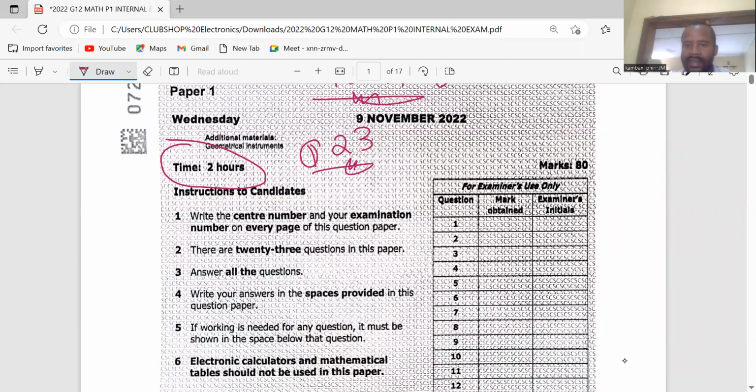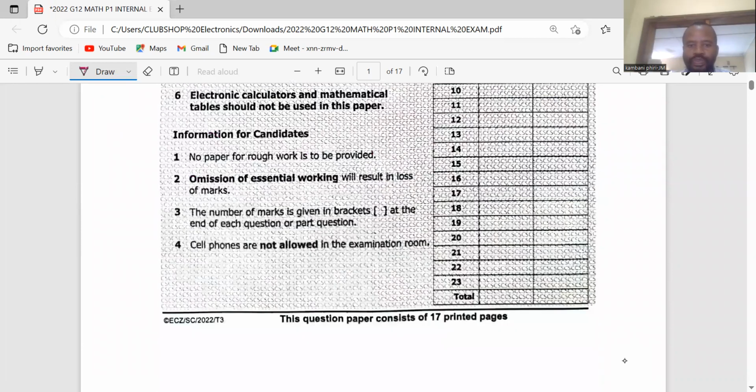It is for the examiners, where once they mark, they indicate the scores here, so that it is very easy to trace each and every question. You are not supposed to use any calculator. And this also is very important: omission of essential working will result in loss of marks. So where need be, you must be able to indicate your working.